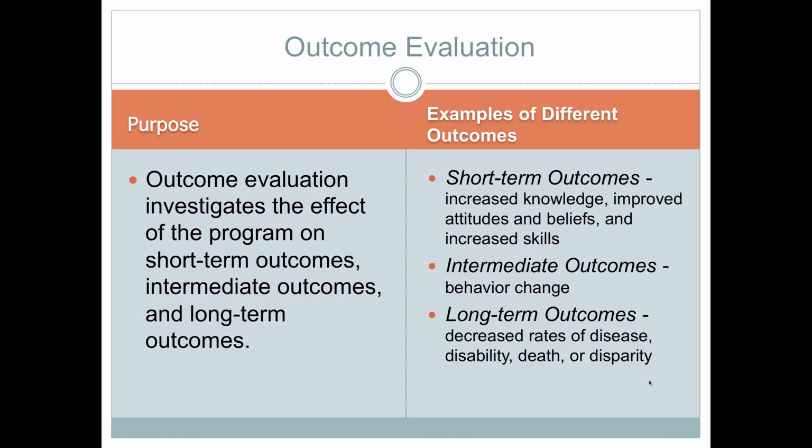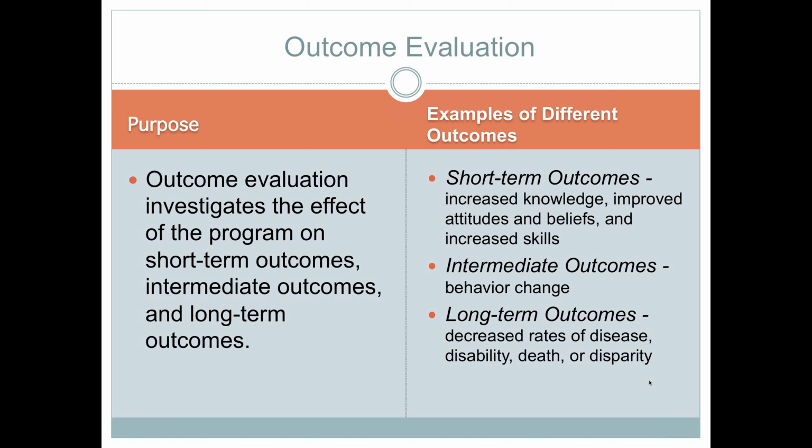Outcome evaluation is looking at the effect of the program on short-term outcomes, intermediate outcomes, and long-term outcomes. And examples of how those outcomes differ is that short-term outcomes are closest to what you would expect would change in behavior because you've implemented the program.